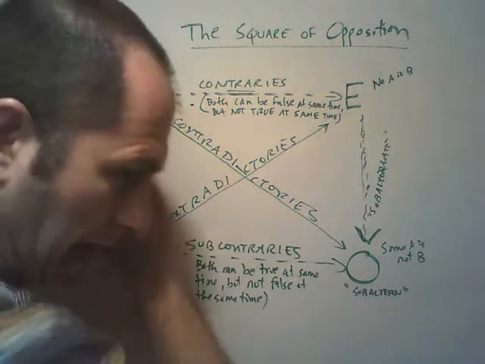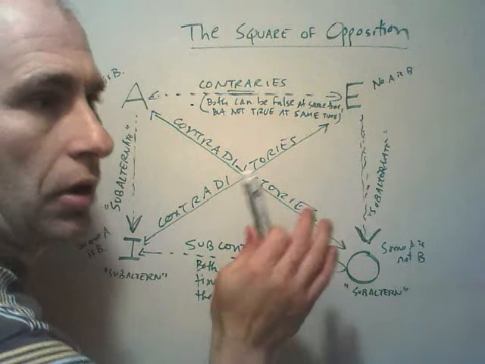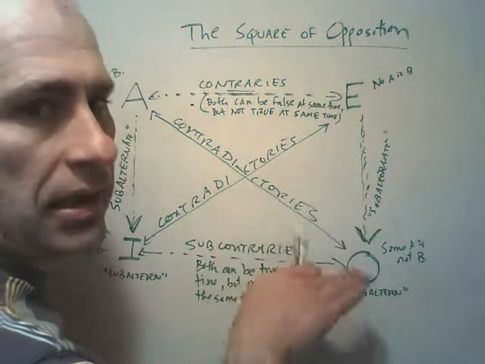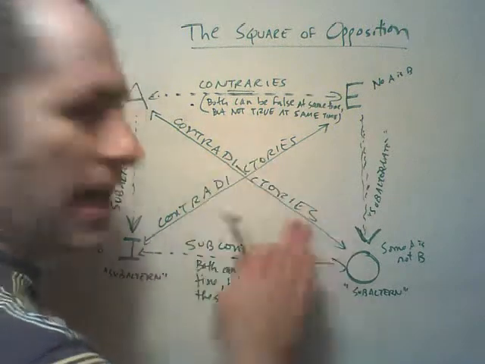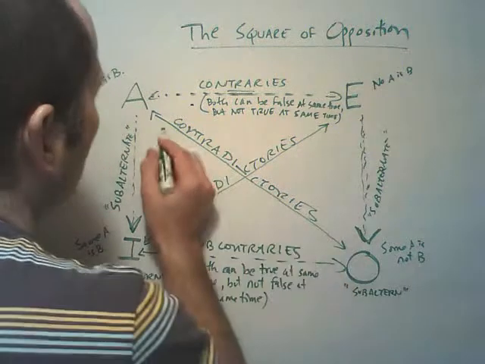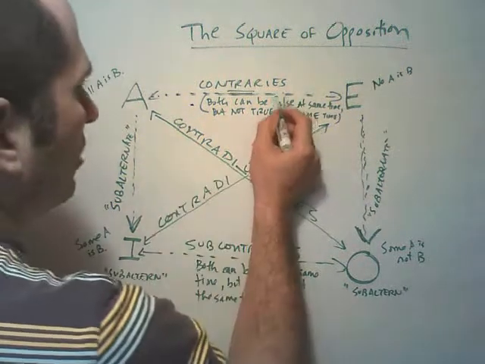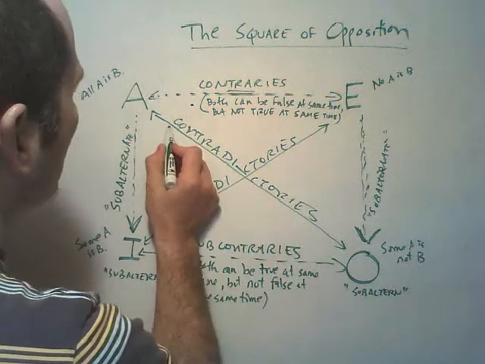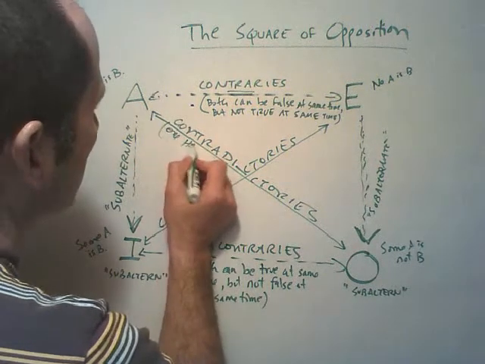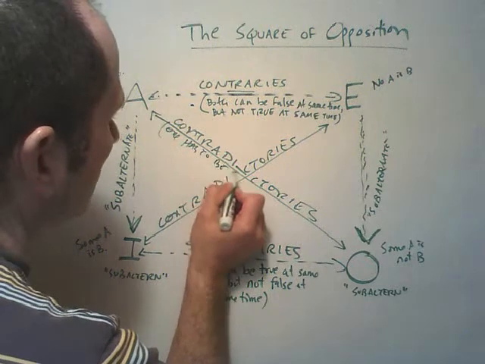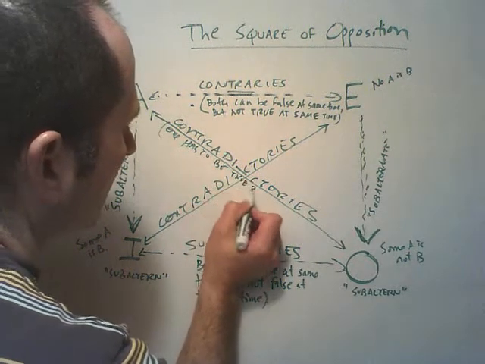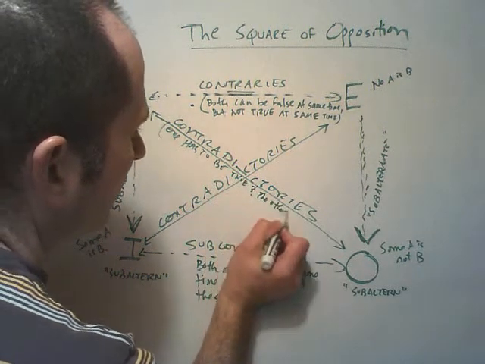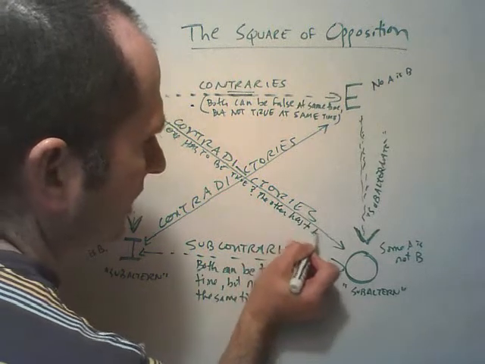It has to be that way. Or I should rather say one obtains and one doesn't. That's what it has to be. So, now I'm using the word false here and true, so I'm going to go ahead and stay with that. One has to be true and the other has to be false.